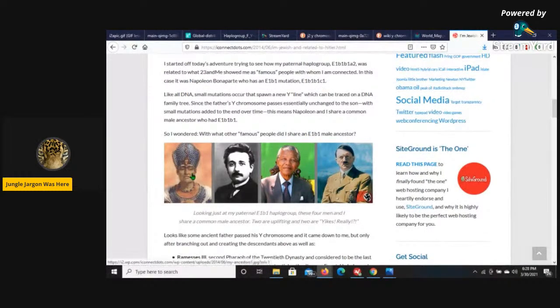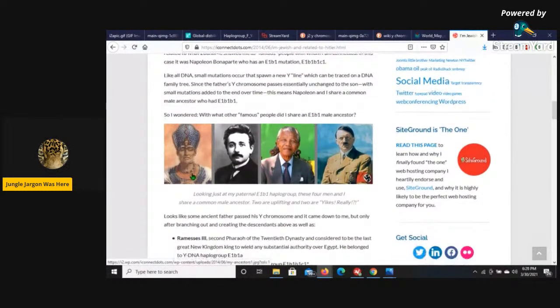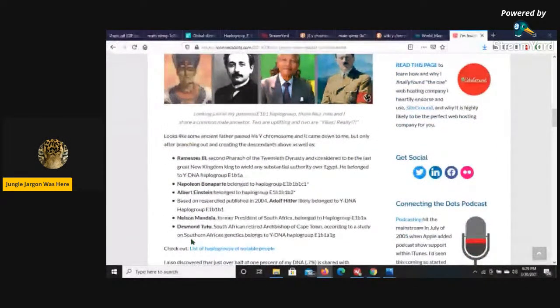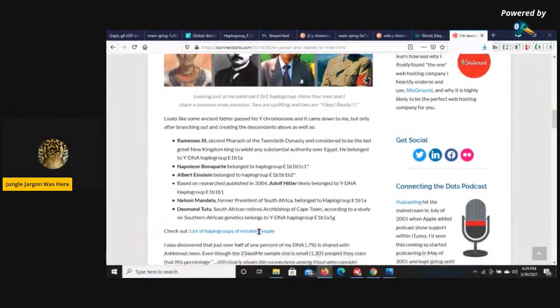E1B1. So this is the Pharaoh. What's his name? Ramses the Third. I don't know why they can't get this straight. Ramses the Third, Napoleon Bonaparte, Albert Einstein, Nelson Mandela, Desmond Tutu.